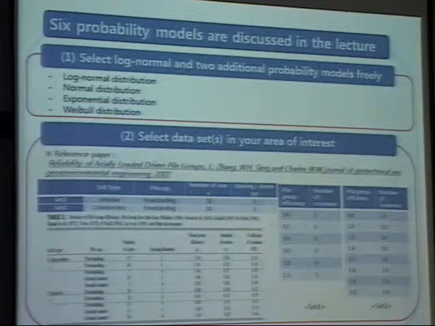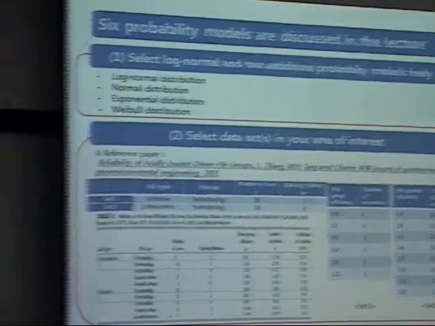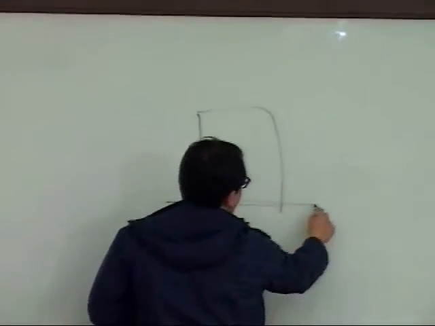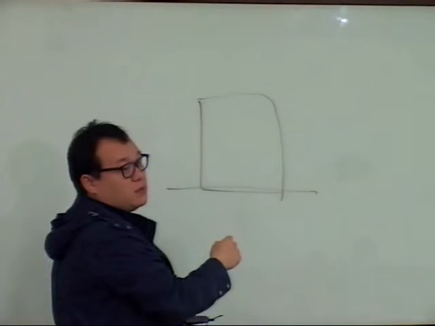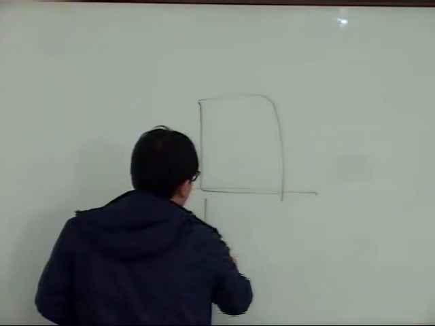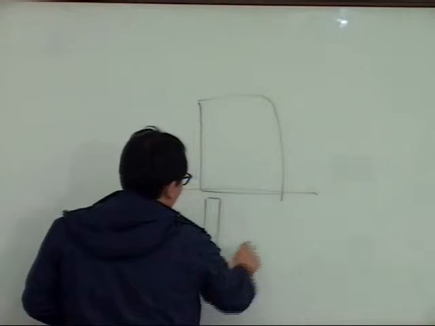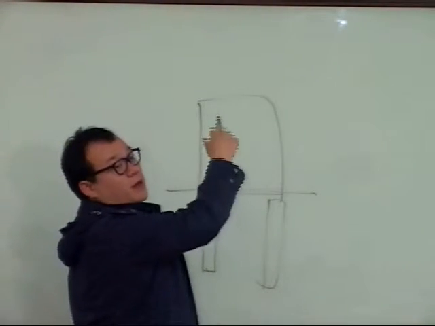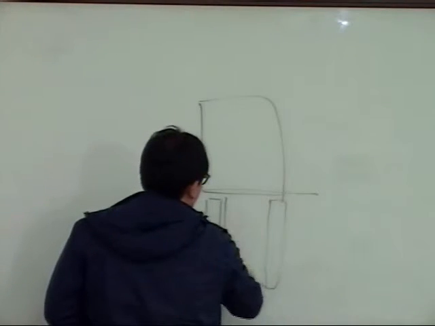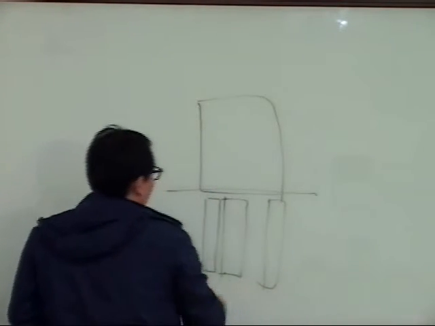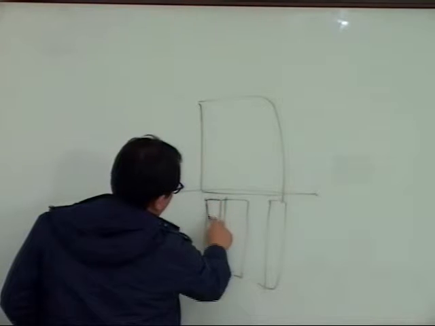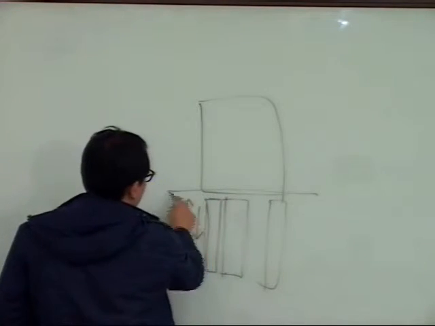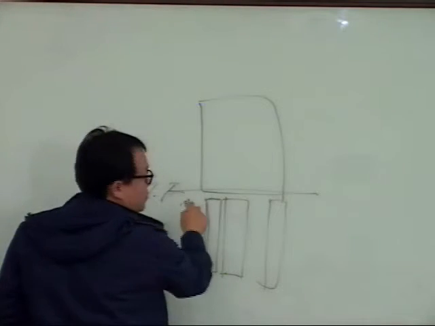When we construct a building, this is the building, and underground, I mean the basement, they have to construct piles at first, but one or two piles are not enough because today's buildings are very high, so we need more piles. When we put the piles under the basement, there is negative friction. This is a negative frictional force.